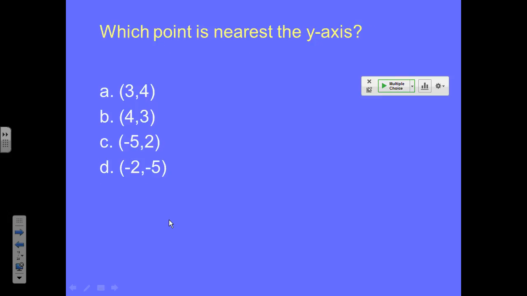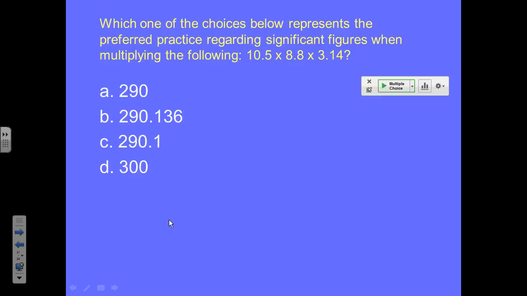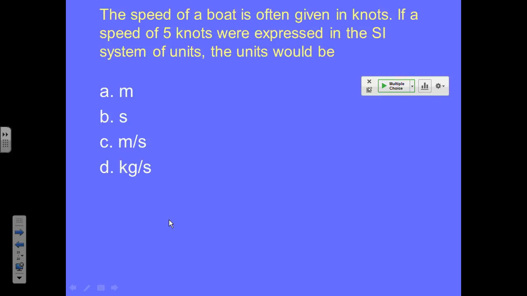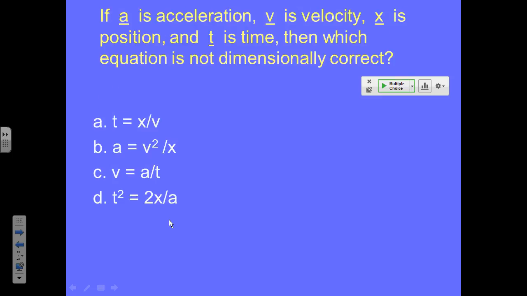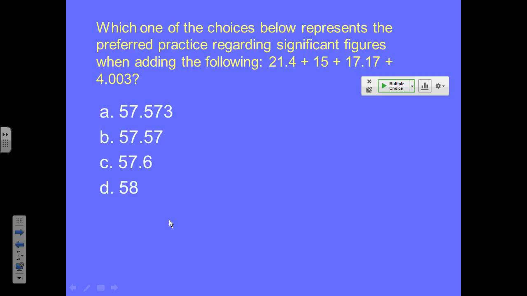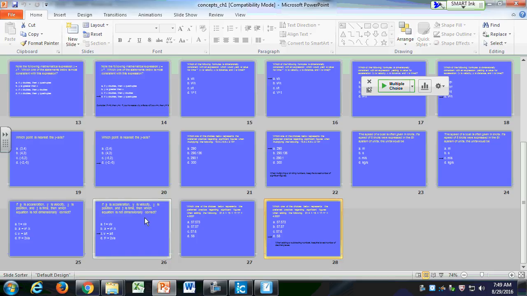Nearest y-axis? Sig figs? Okay, I guess we did it all. SI units, this one. Speed of... y'all know what a knot is, by the way? Nautical mile per hour, right. This too. And sig figs, I think this is the last one. All right, awesome. I'll post those online.